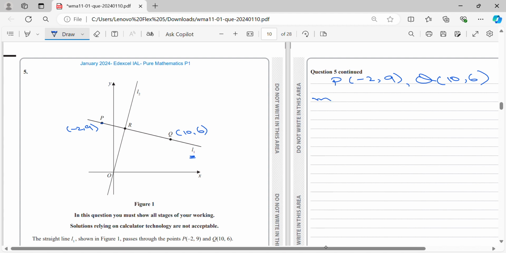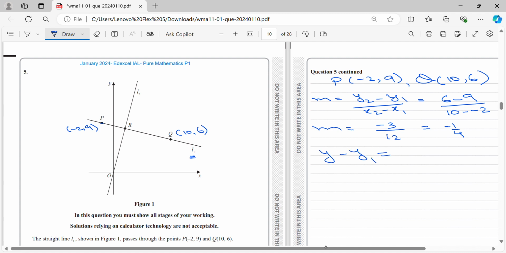The gradient is y2 minus y1 over x2 minus x1, so 6 minus 9 over 10 minus 2. 6 minus 9 is negative 3, and 10 minus 2 is positive 12. So m is minus 1 over 4. This is the gradient. Now I need to form an equation of a straight line.